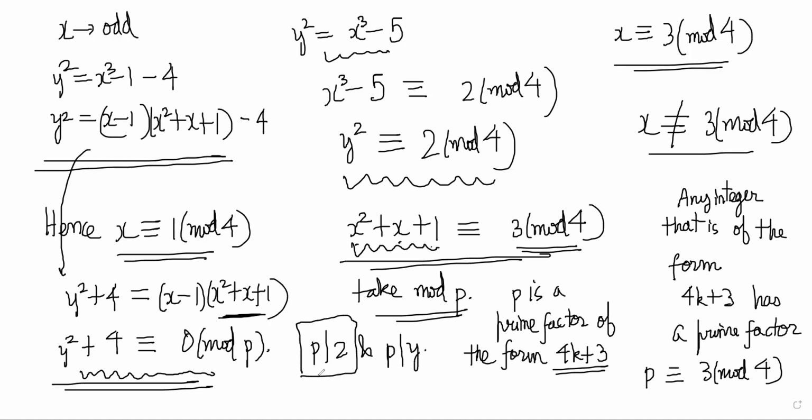But p dividing 2 is a contradiction since p was of the form 4k plus 3. So p cannot divide 2, and therefore we have arrived at a contradiction using the theorem's alternate form, and therefore there must be no solutions, right? So that is one way to do it.